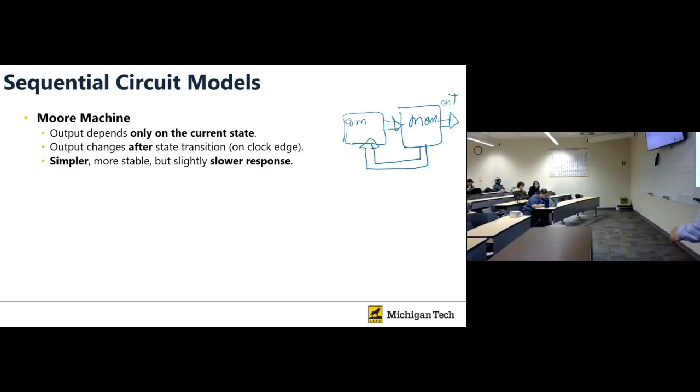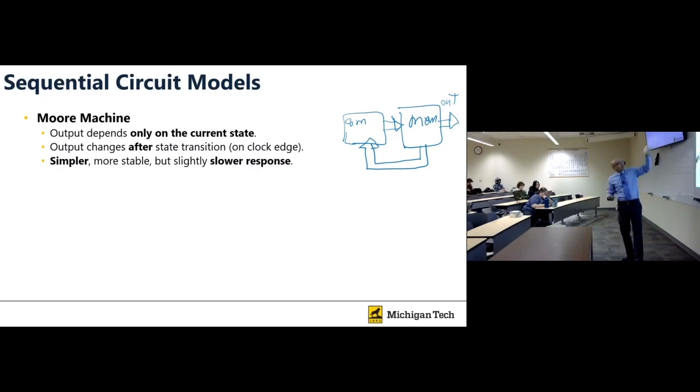Most sequential circuits also have combinational logic, because combinational logic is just AND and OR gates that make the connections between these states. We need those all the time.